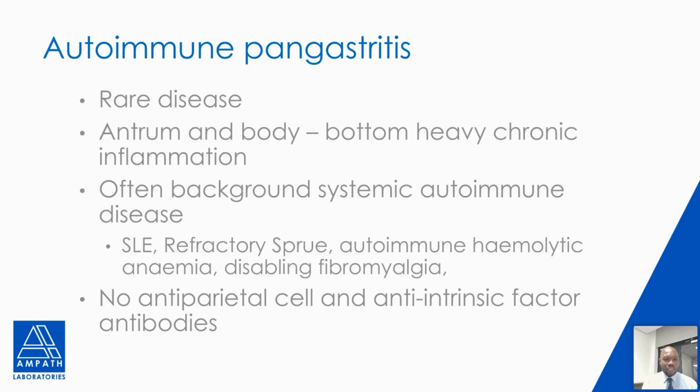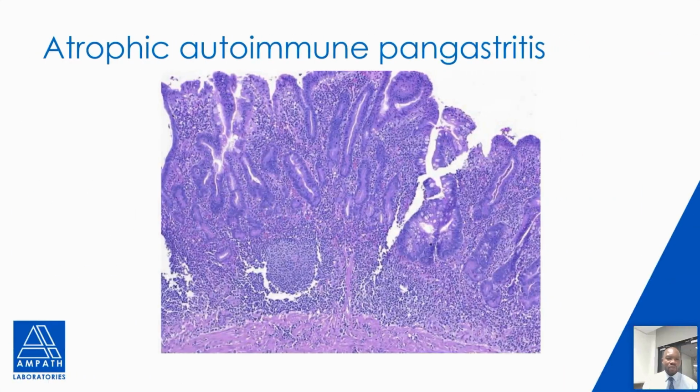In terms of age distribution, it is very wide, from young children to elderly patients. So we cannot use that information. It could affect anyone, essentially. But what's key in this patient with pangastritis is that there is diffuse involvement of all parts of the stomach, from your antrum to your body and your cardia.